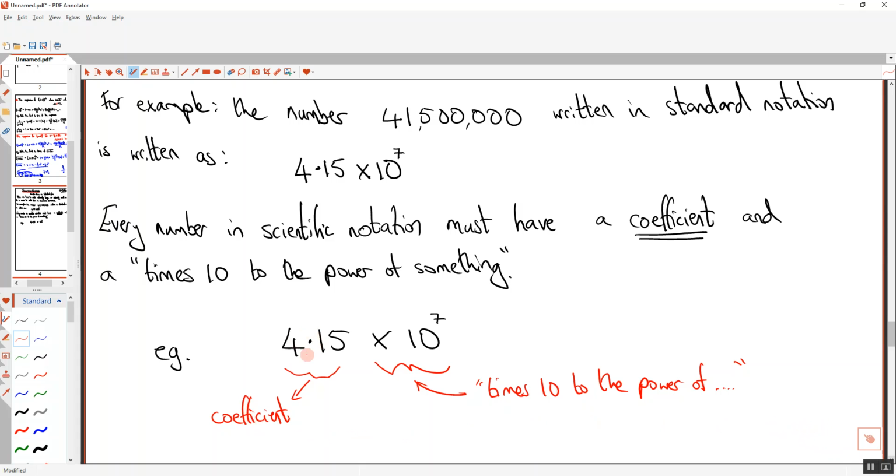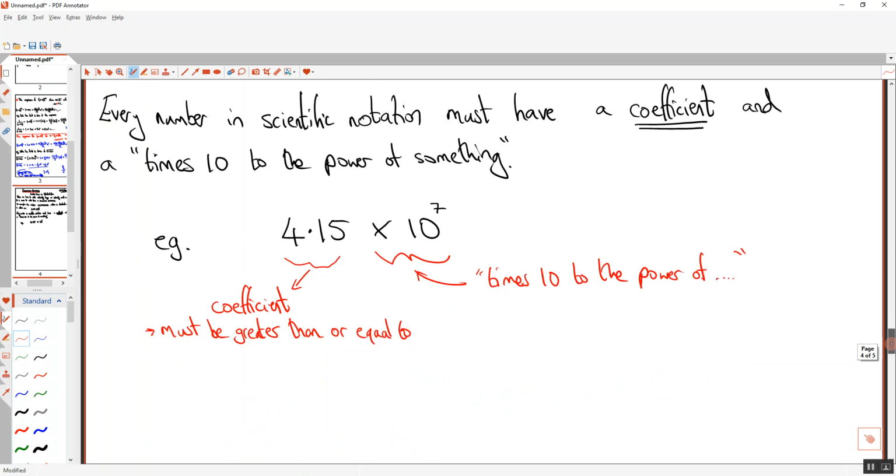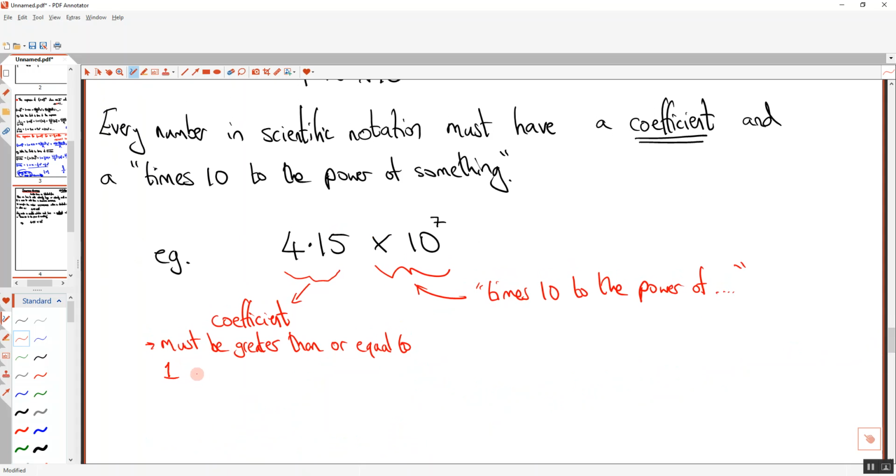Now the important thing is your coefficient, which is always the number at the start. The coefficient must be greater than or equal to 1, less than 10.